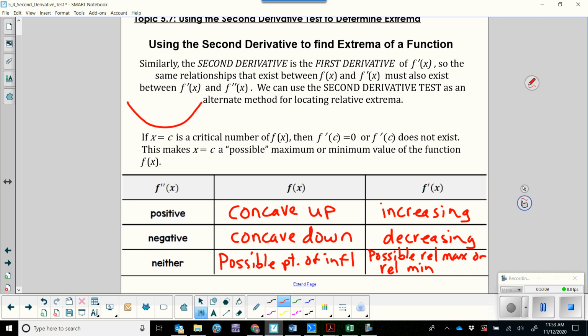Well, that means that if this is concave up and the first derivative is 0, then that must be a relative minimum. If the function is concave down and the first derivative is 0, then you must have a relative max. And that's basically the second derivative test.